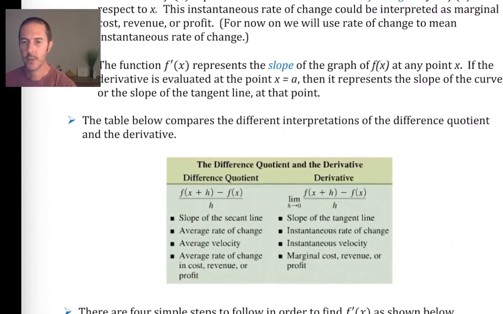In order for our function to be differentiable, in order for us to find the derivative, this limit has to exist. So as we're approaching that point R that we saw in the initial illustration, as we approach from the left and as we approach from the right, we must be approaching the same limit value, capital L, as we have seen many times, and the function has to be defined at that point.